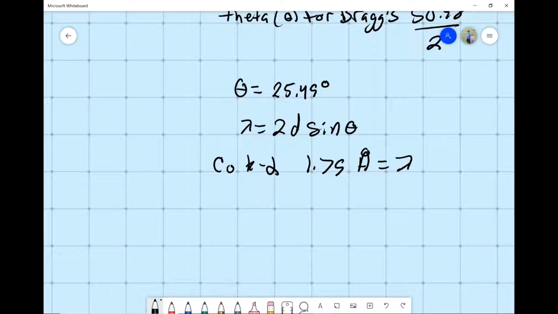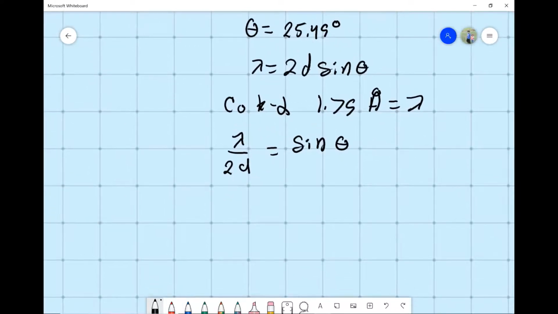So lambda over 2d equals sine theta, and that means theta equals sine^-1 of 1.54 angstroms over, oh, I'm a dope.